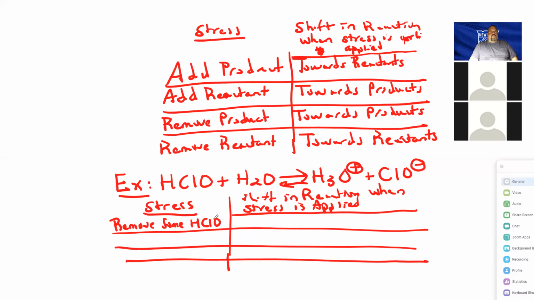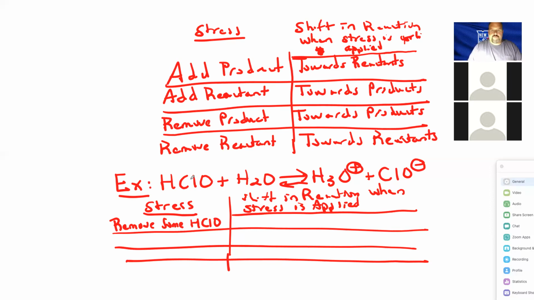So if we remove some HClO, what are we doing here? Are we removing reactant or are we removing product? If I take a look at the equation here, the HClO is on the reactant side. So what am I doing here? I'm removing reactant. You have this reaction at equilibrium, okay?